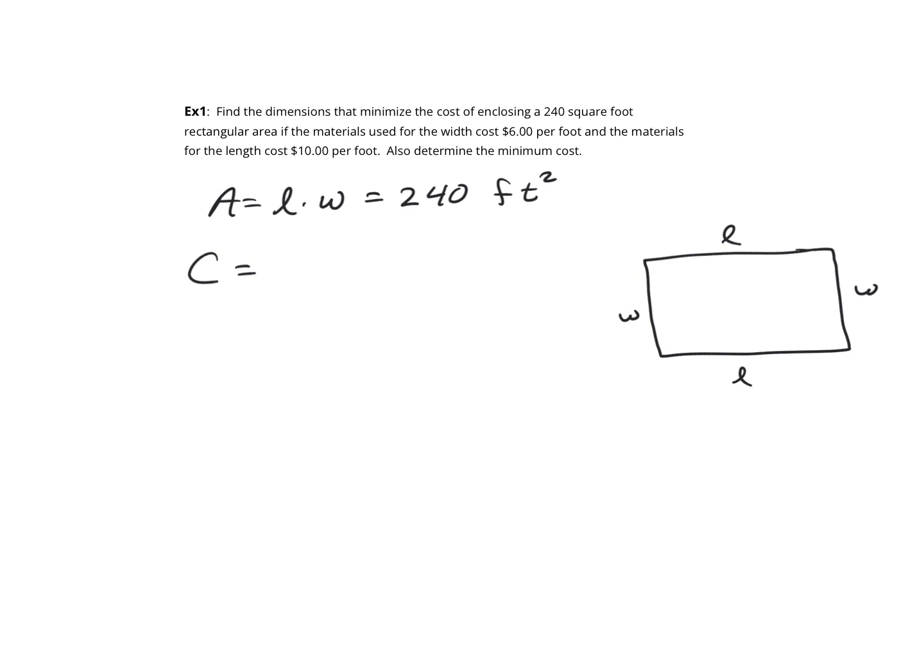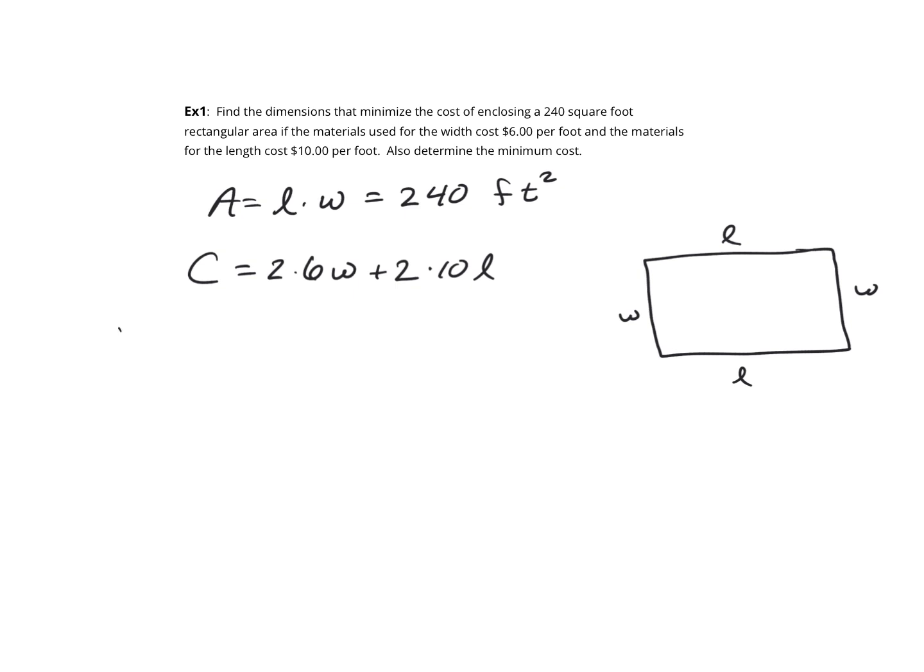For the width, it's $6 per foot, and we have 2 of them, so it's 2 times 6 times W. Again, 2 sides, $6 per foot, W number of feet. And for the length, we have 2 sides we're building that cost $10 per linear foot, and we have L number of feet for our lengths.